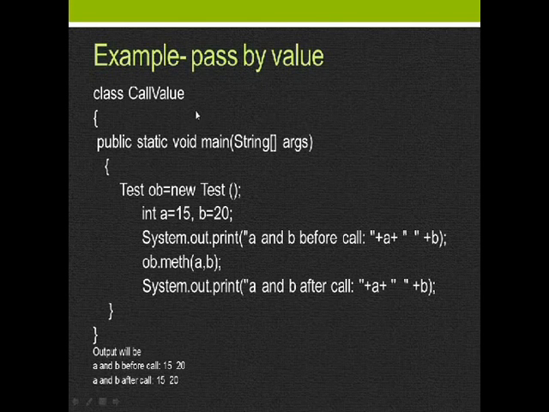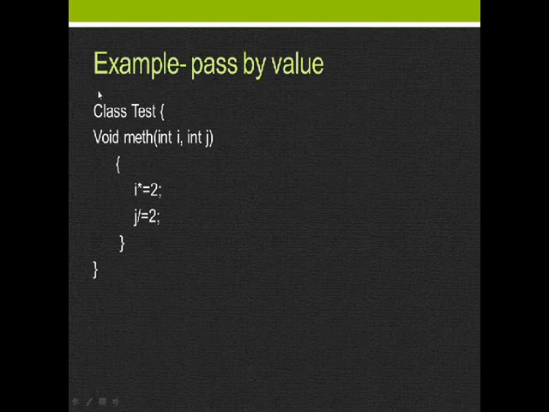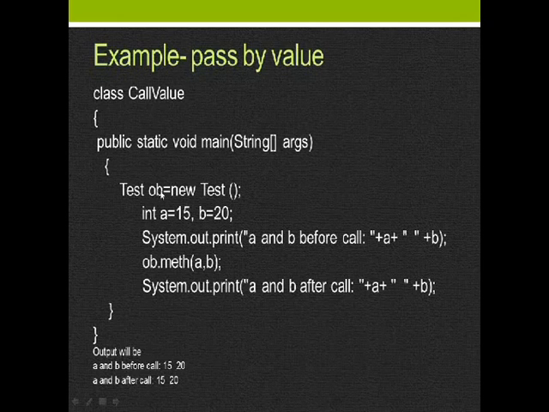Now call by value. This is similar, and here, as we have created the class Test, Test ob is instantiated with new Test, initializing a equals 15, b equals 20. Now we print it.